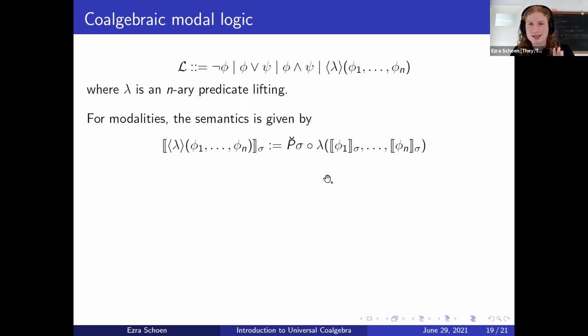So you first compute this, and this gives you all of the possible unfoldings that satisfy lambda of all of these next step properties. And then you take all of the states such that their unfolding is in here, so the set of states whose unfolding satisfies this lifted property.